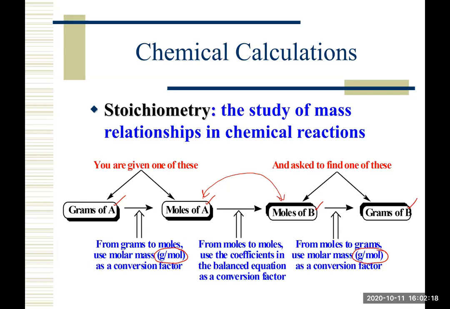We need some conversion factor that contains moles of substance A and moles of substance B. So we're going to use the coefficients in the balanced reaction equation as our conversion factor to go from moles of one substance to moles of another substance that are involved in the same chemical reaction.